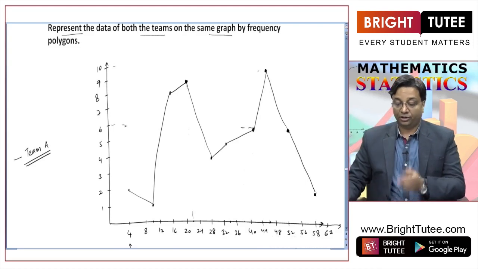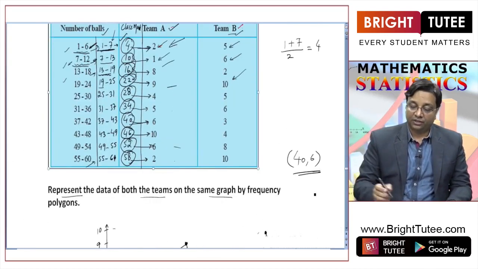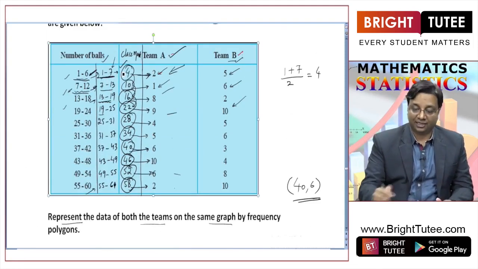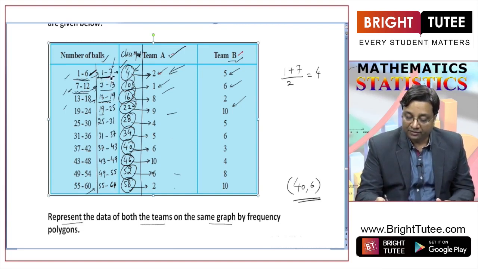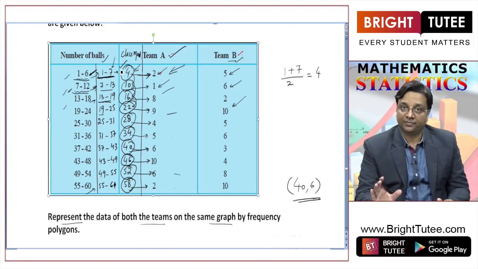But is the frequency polygon completed? No. So what do we require now? We require the previous class or the previous class mark before this 4, right? So 1 to 7 we have taken a class of class width 6, right?